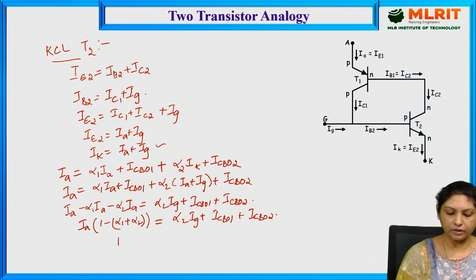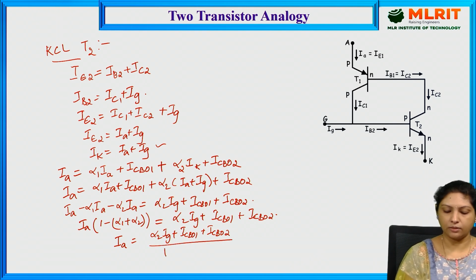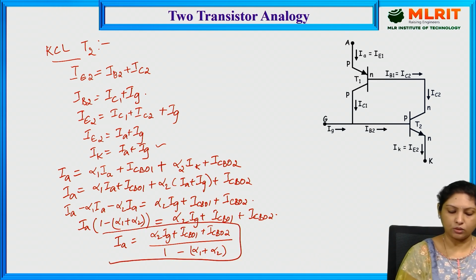And as I said, my aim is in order to obtain IA, which is equal to alpha 2 IG plus ICB01 plus ICB02 divided by 1 minus (alpha 1 plus alpha 2). And this is our required equation in order to obtain the anode current.